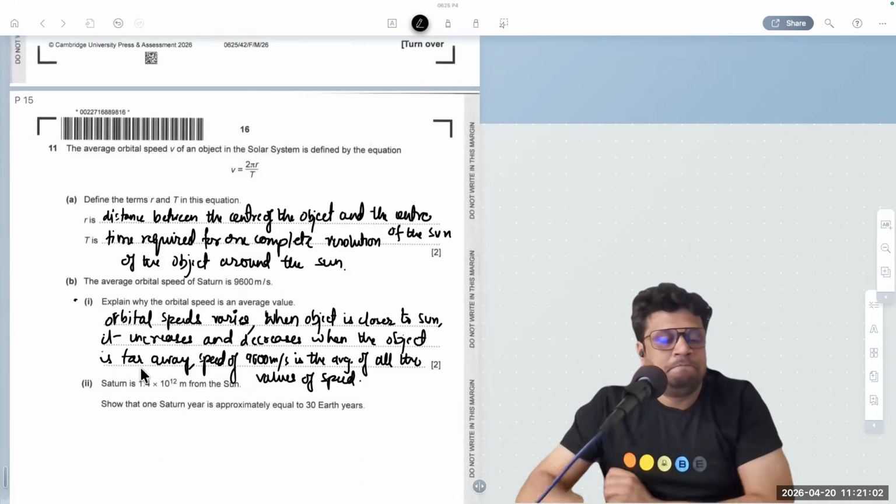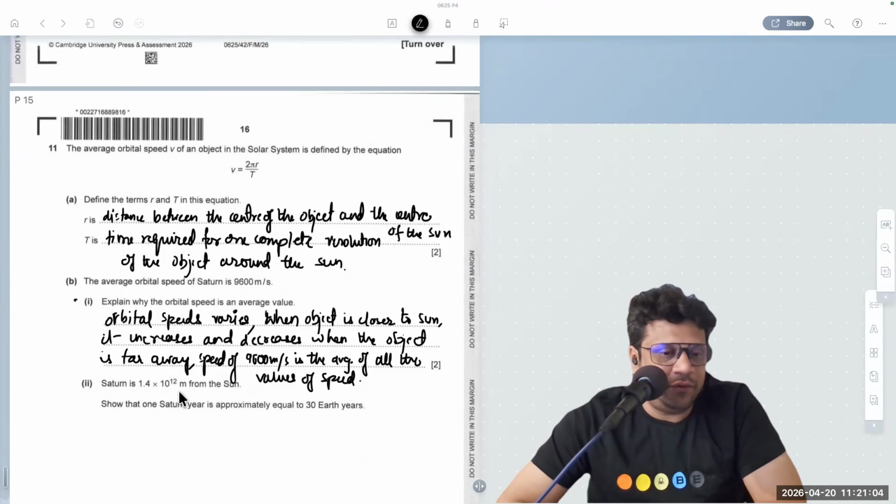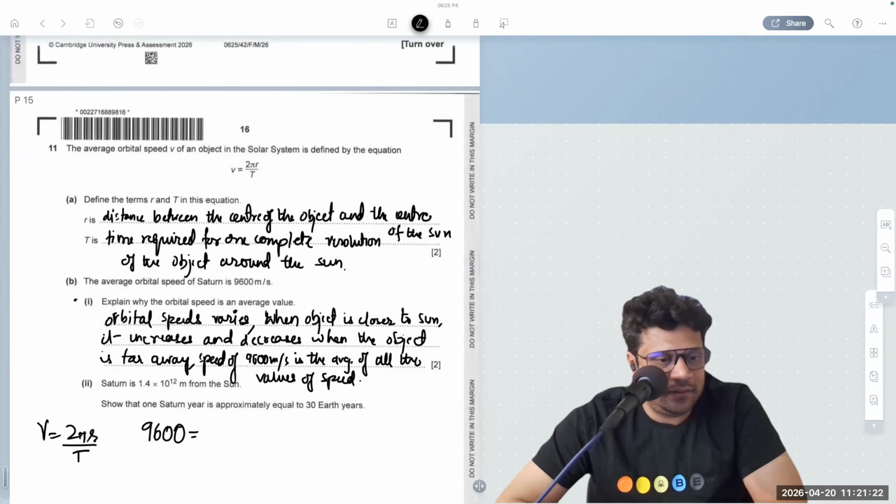Okay, Saturn is 1.4 into 10 to the power of 12 from the sun. Show that one Saturn year is approximately 30 Earth years. Okay, so I know that the orbital speed is 9600. So we use the formula V equals 2 pi r by t.